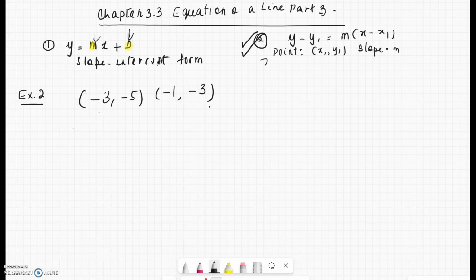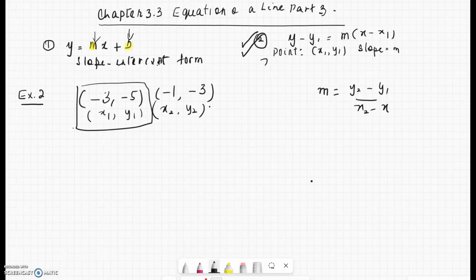If we can call one of the points x1, y1, the other one x2, y2, this will remind us that the slope can be calculated using the formula y2 minus y1 over x2 minus x1. We need the slope and we have a point, and if we can figure out the slope, we can write down the equation using the point slope form, because we know a point and we know the slope.